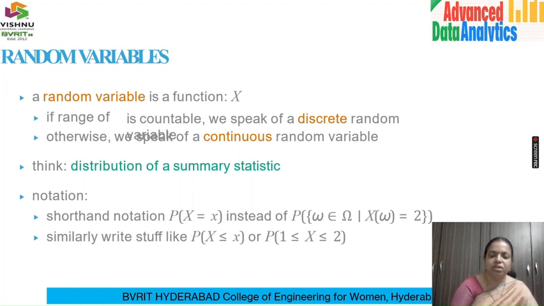This is especially used for the distribution of summary statistics, and the notation of a random variable is something like P of X equals x, where x is the test data. I want to know the probability of this test data based on the existing probability, that is, x is the random data and for that data I want to find a probability based on my existing data.